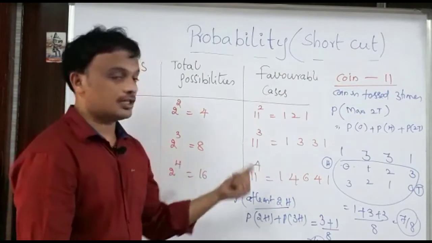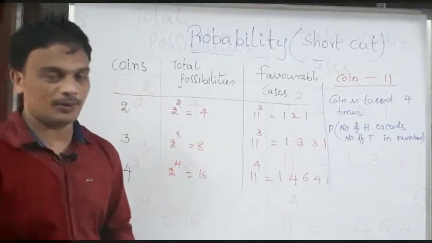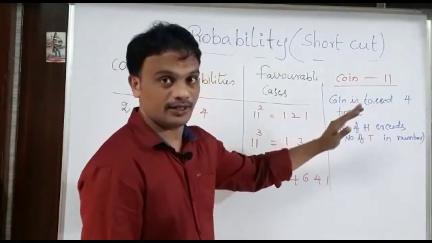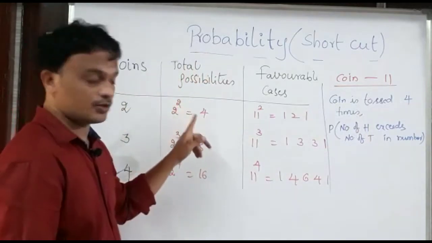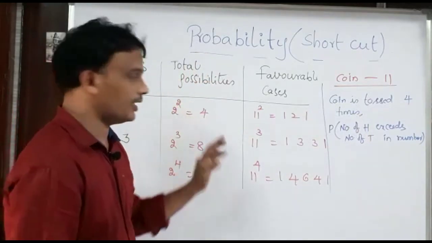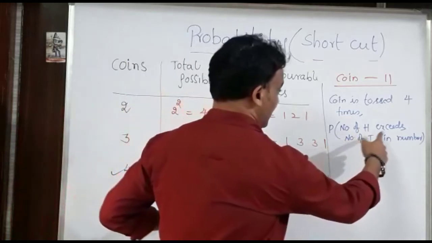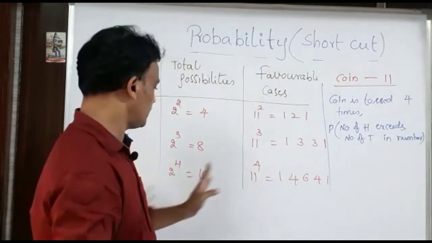Let us discuss one more problem. A coin is tossed 4 times. Of course, the total possibilities are 2 to the power 4, 16. Then the question is: the number of heads exceeds the number of tails. Totally there are 16 chances.